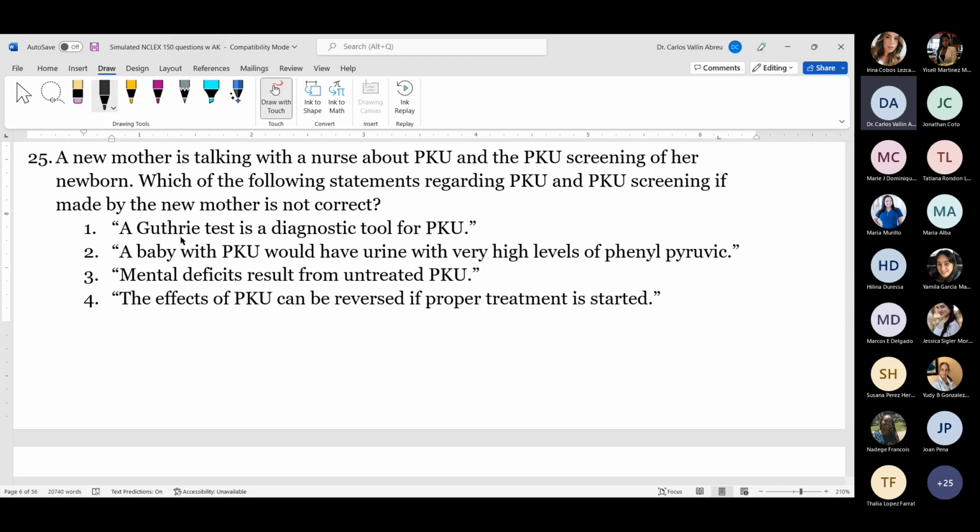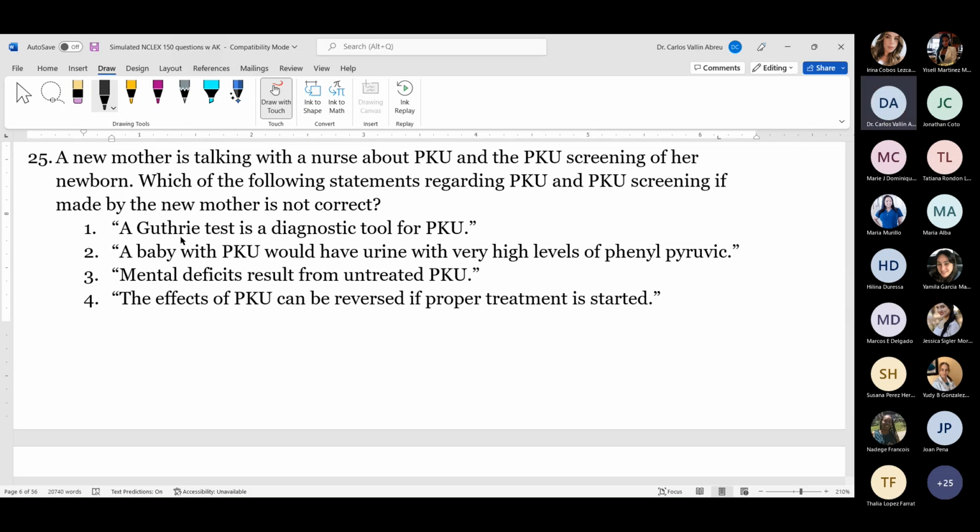Mental deficits result from untreated PKU. Is this true? What do you know about the consequences of PKU? Nothing? No? Okay. Yes, an intellectual problem, exactly. Brain damage, exactly.